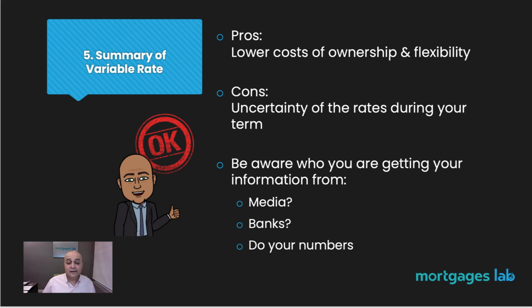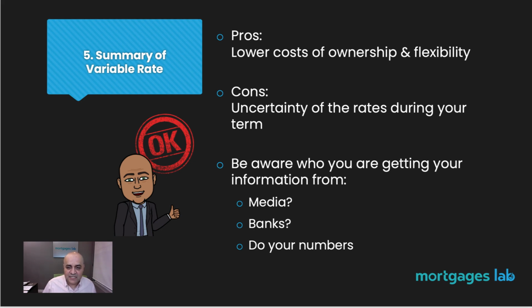Be aware, as I said before, where are you getting your information from? Is it media? Okay, so media has no indication about your personal situation. They just want to print information that people read, which is usually fear-based. Second one, banks. Remember, banks are in the business of making money.